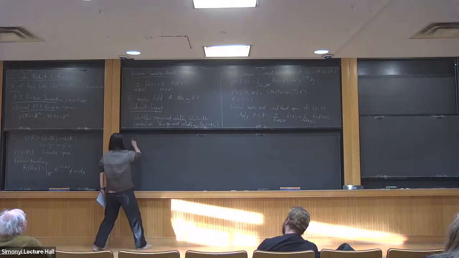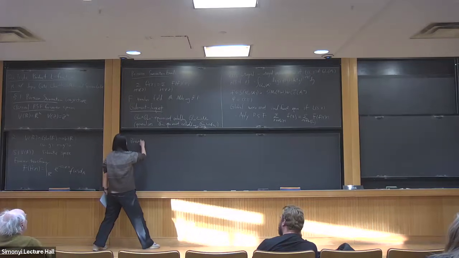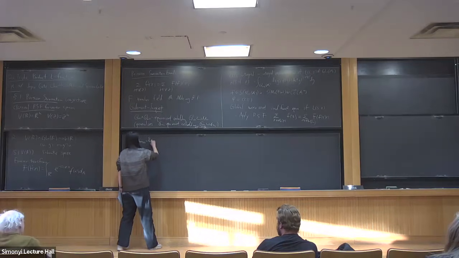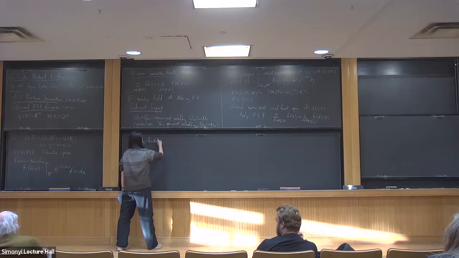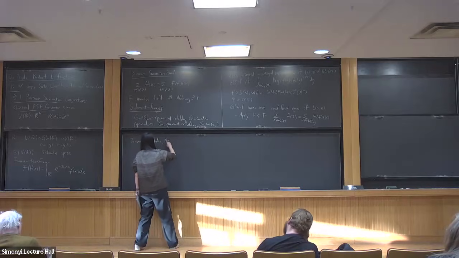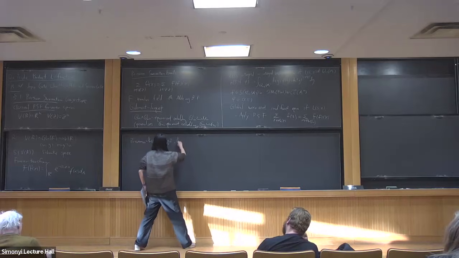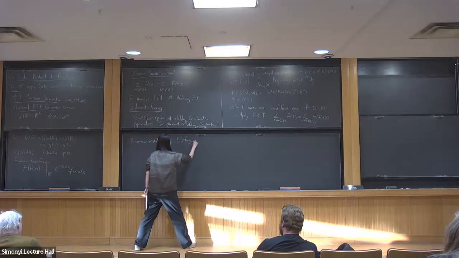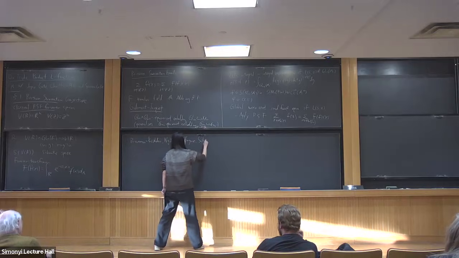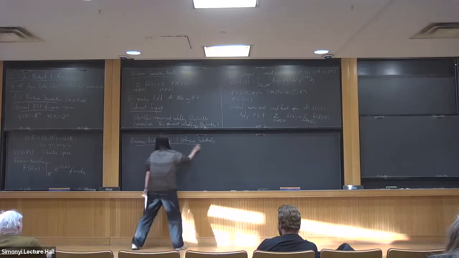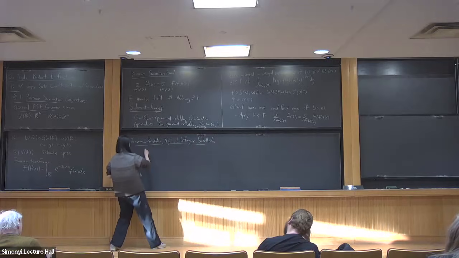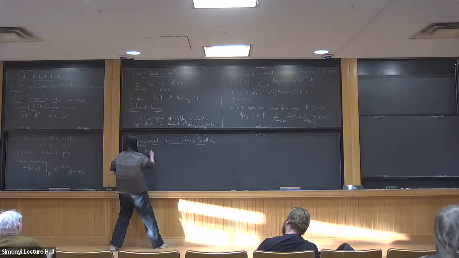The work of Braverman-Kazhdan, Lafforgue, and Sakellaridis implies that there is what we call the Poisson summation conjecture.